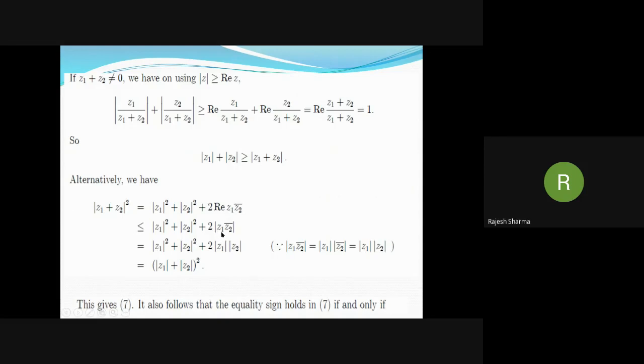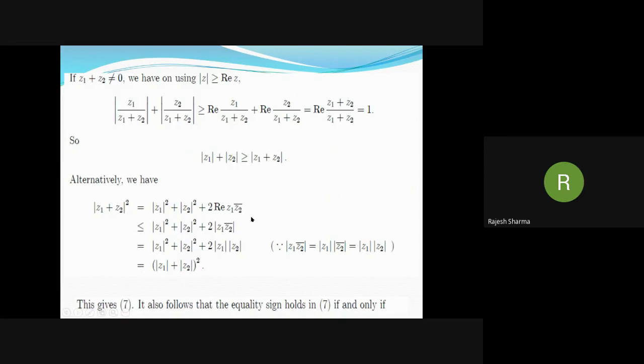Now mod z1 z2 bar is equal to mod z1 times mod z2 bar, and mod z2 bar is the same as mod z2. So we have this expression, and this is this whole square, and this clearly implies the triangle inequality.